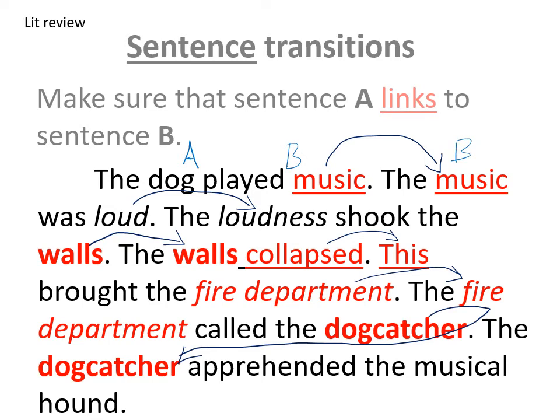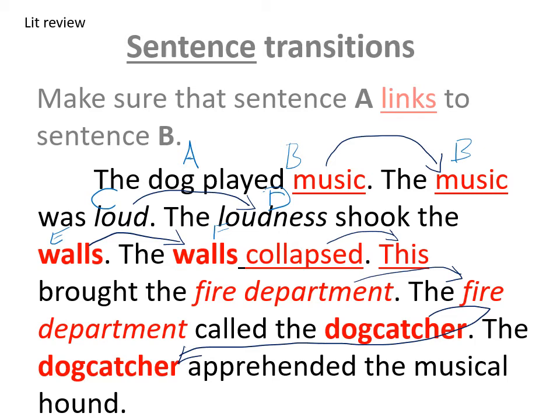B was loud, so C, the loudness, connects over here to D. The loudness shook the walls. So the walls are referred to here and here.